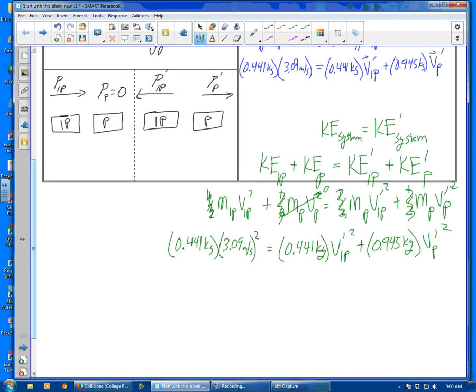And again, I've hit a stopping point because all the physics basically is done. But now I've hit a stopping point in the math because I've got another equation, but it also has two unknowns. Oh, but wait a minute. Those are the same two unknowns as I had before, right? VIP prime and VP prime.